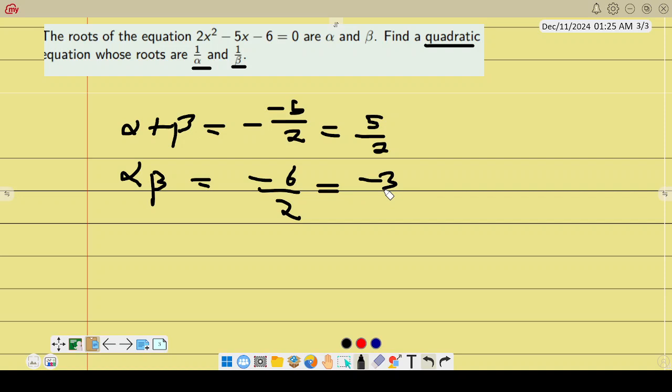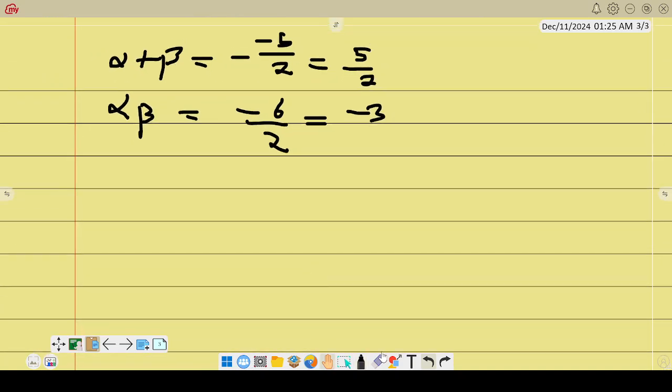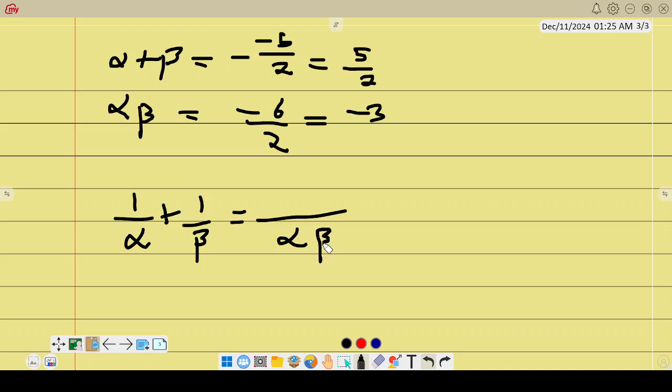Now we want to find the new equation whose roots are 1 over alpha and 1 over beta. The key thing is to simplify 1 over alpha plus 1 over beta. The common denominator is alpha beta.